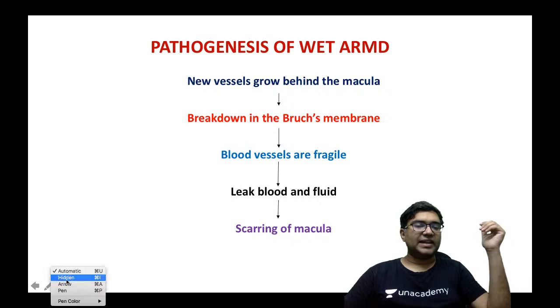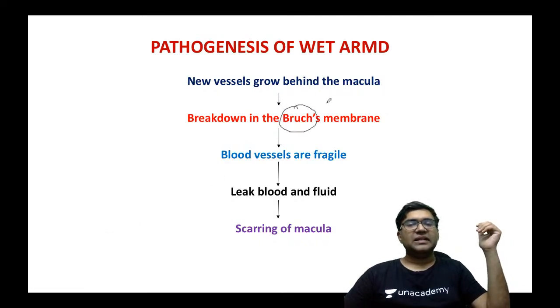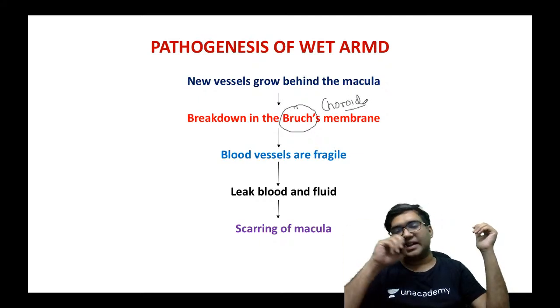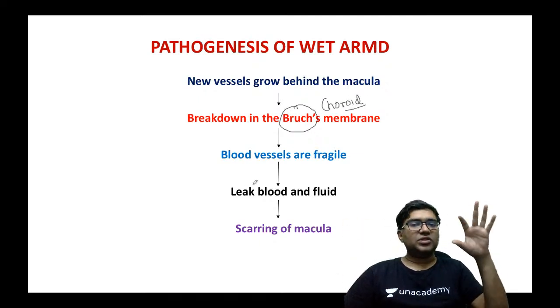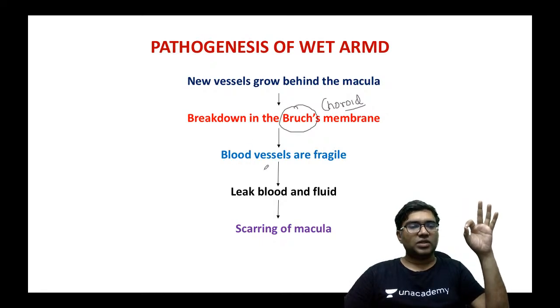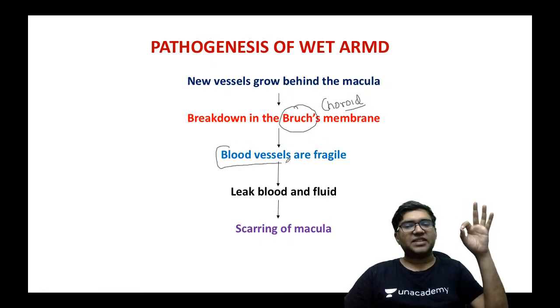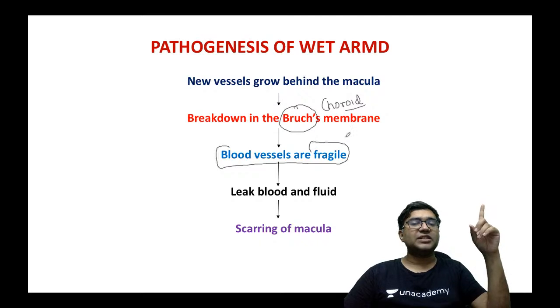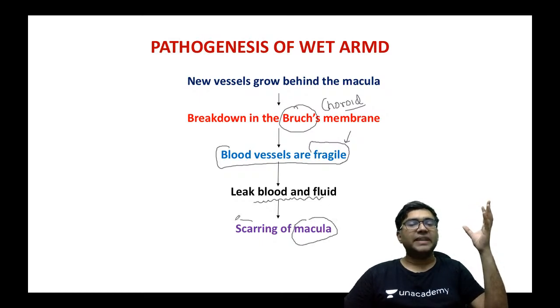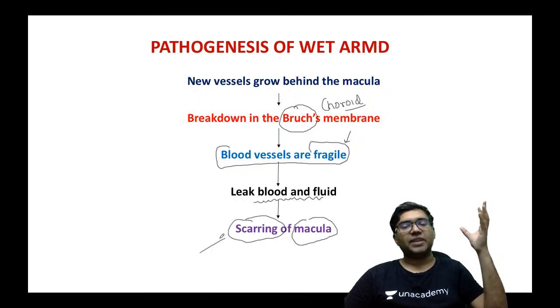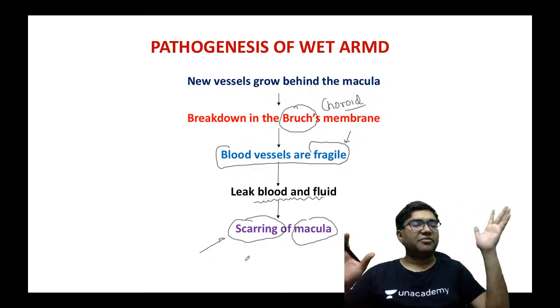When they break through, these blood vessels, formed by neovascularization, are very fragile and they leak blood and fluid at the level of the macula, which can cause bleeding and scarring at the level of the macula. So this is called wet ARMD.